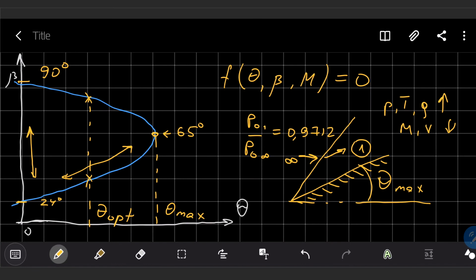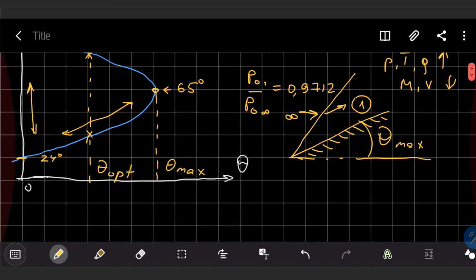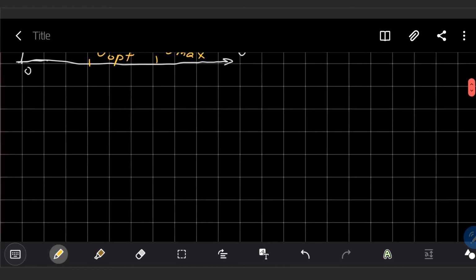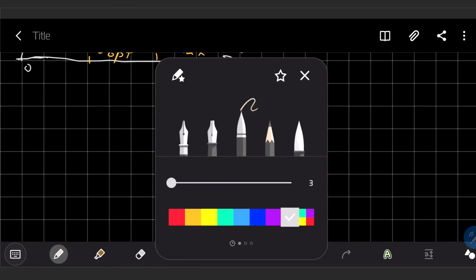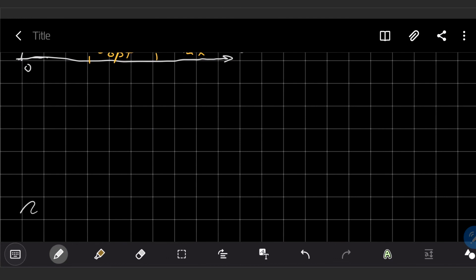What is very interesting also, it is not a law, it does not always happen, but what I found with experience is the change of Mach number, if we plot it in the following way, for example, like this. This is our infinite conditions here at the beginning.